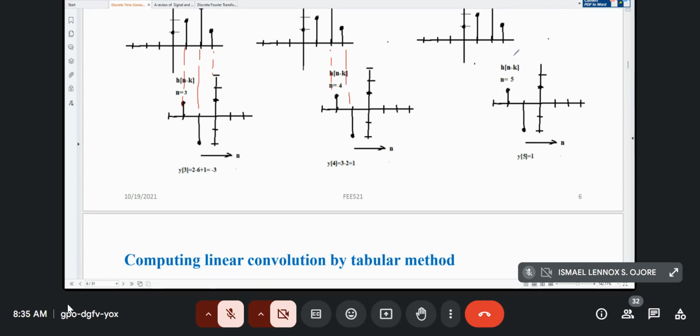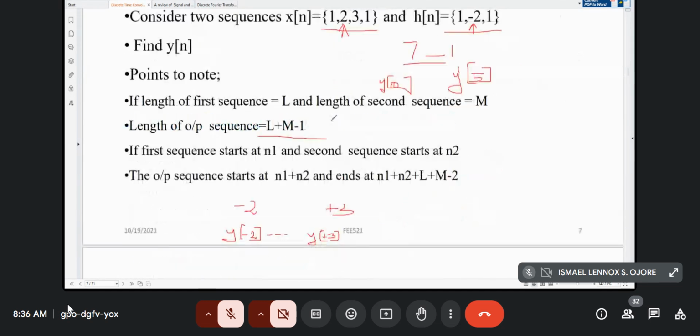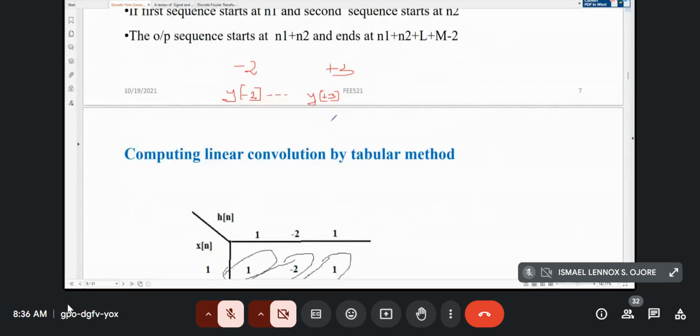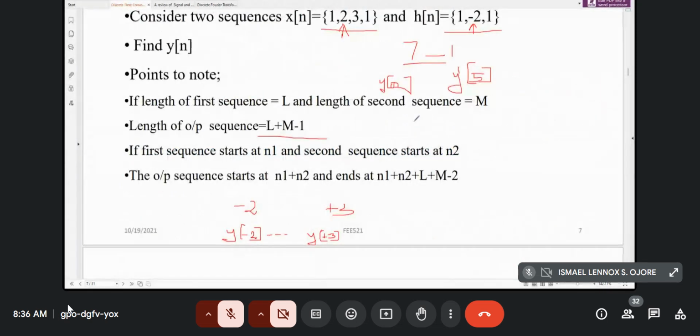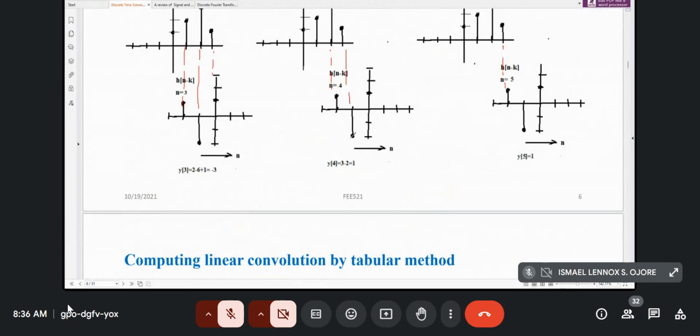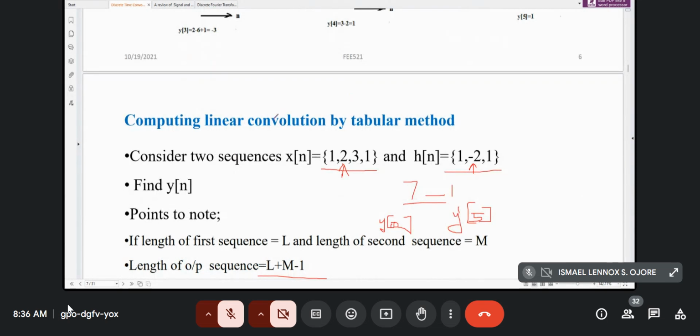And then this one is only 1 times 1. After that, there is no more overlap. So those are your samples, and you can see it agrees with what we got with the tabular method. Are there any questions with the graphical method?